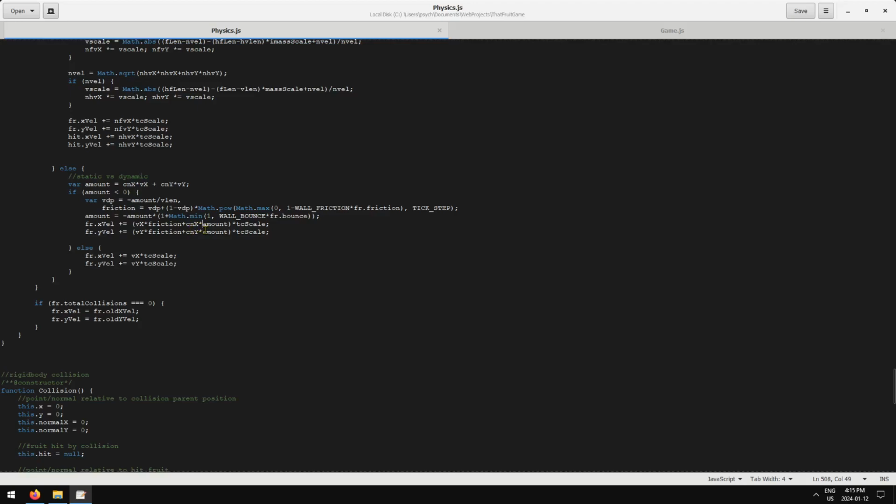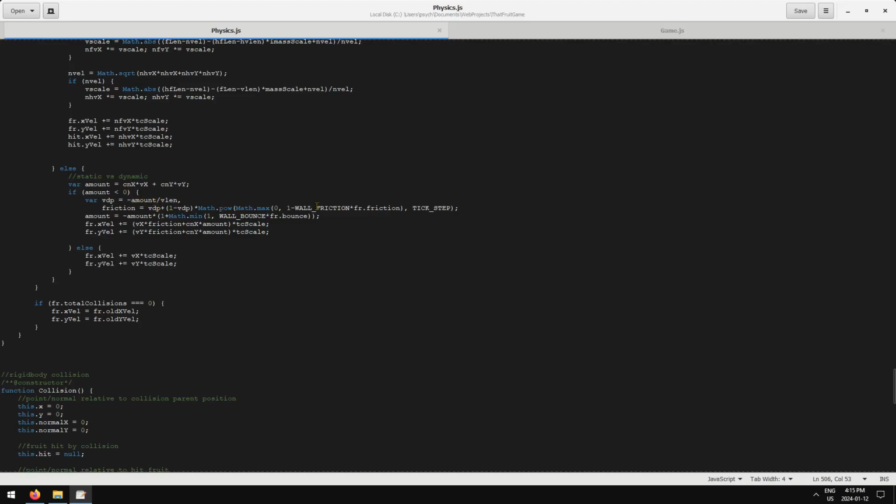So having it the same length as the velocity is useful. But for calculating the friction, we want it normalized from 0 to 1. So we divide the amount by the velocity length. So now this is like your usual dot product of the normal.